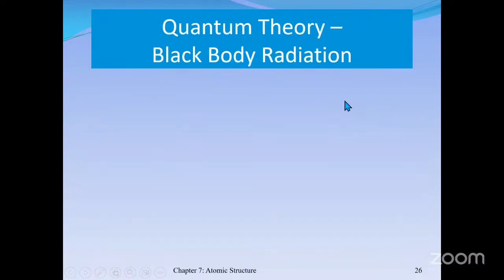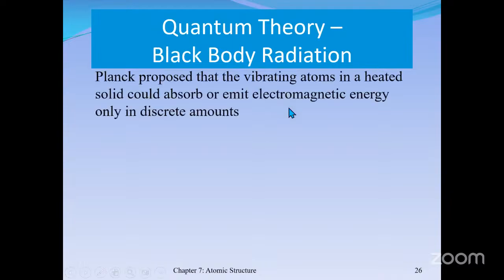Okay, now let's talk about what is called black body radiation. And this is basically based on an idea that was put forward by a German scientist by the name of Planck. And he proposed that if you have vibrating atoms in a heated solid, they would absorb or emit electromagnetic energy in only discrete amounts, right?